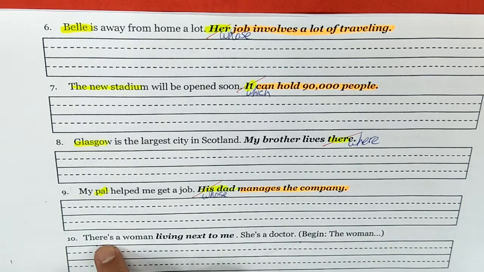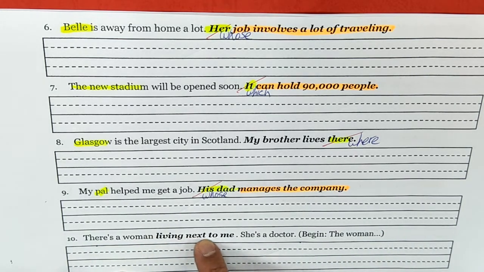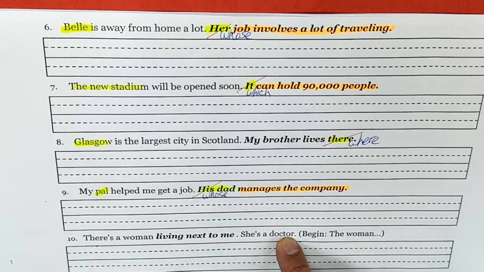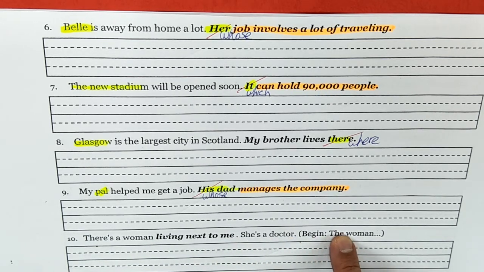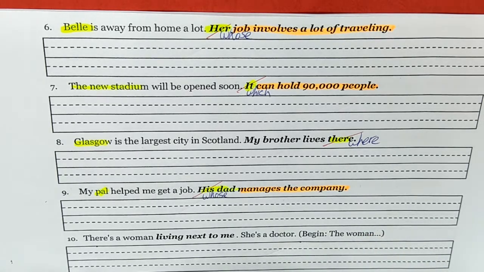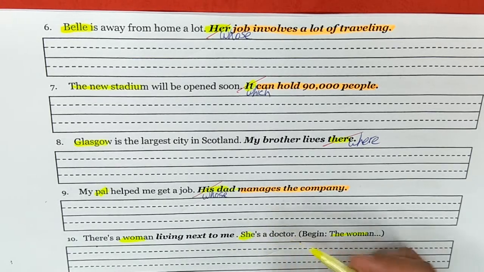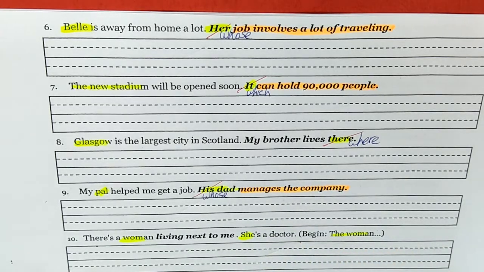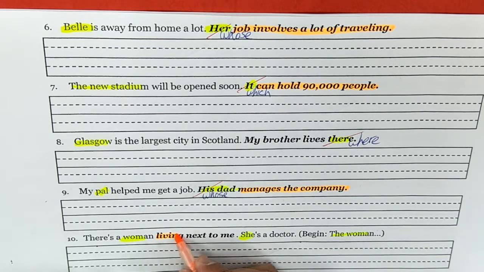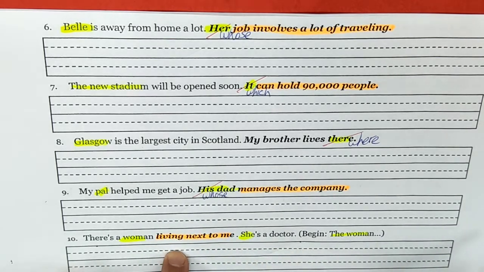Number 10. There's a woman living next to me. She's a doctor. Begin, the woman. So we're going to begin with the woman. So there's the woman here, and it's she, right? So this is going to be the sentence we are going to use to describe this woman.